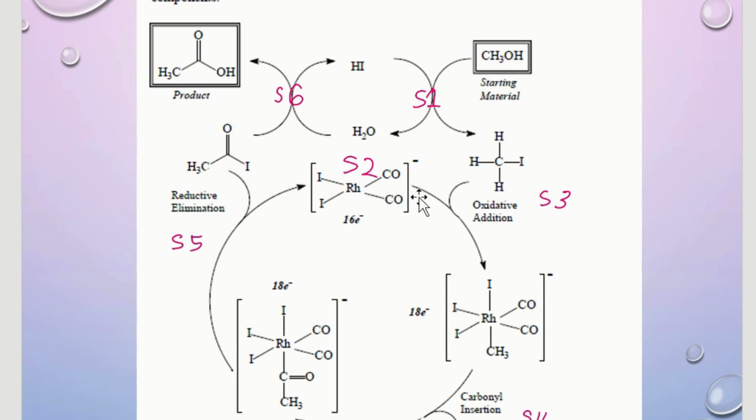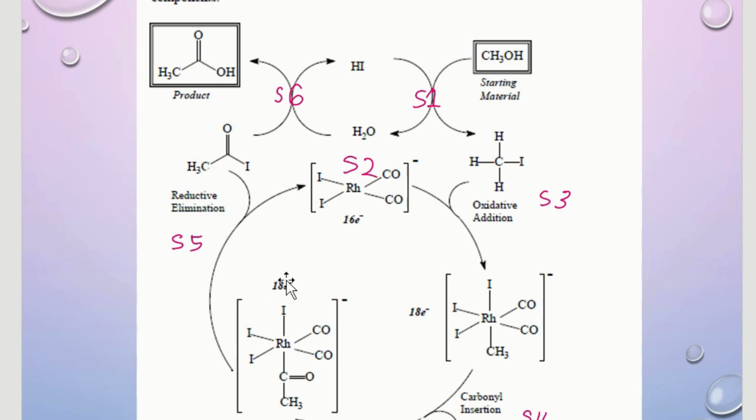The next step is step number 4, carbonyl insertion. Because we have methyl, this is a 1,1 insertion. After that we get this molecule.